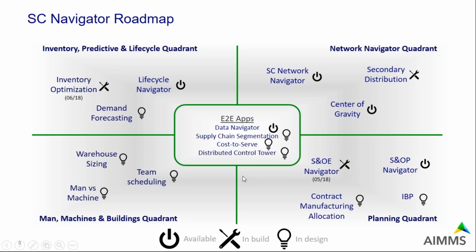This is something that's not yet been delivered in the market, and we really believe we can deliver it. Our first substantial end-to-end application is going to be launched by the end of 2018. And we think looking at supply chain truly end-to-end is going to be a major shift in the way people use analytics in supply chain.